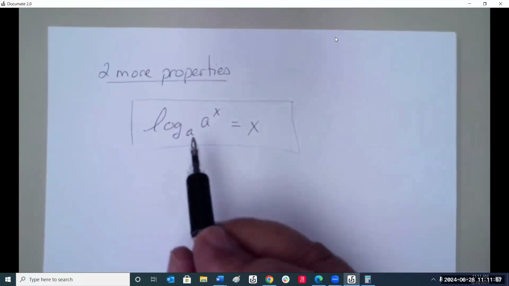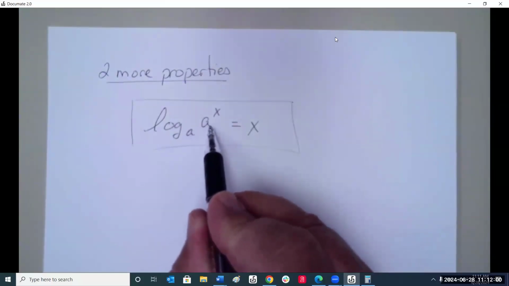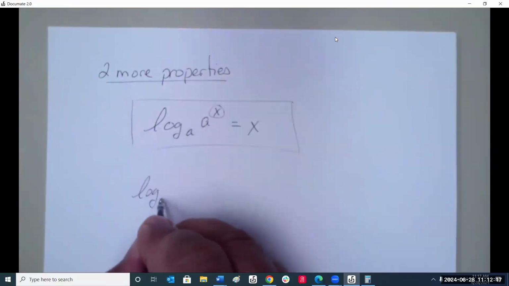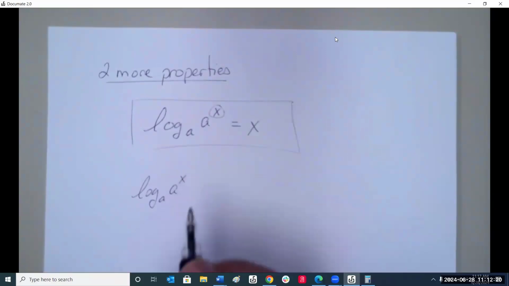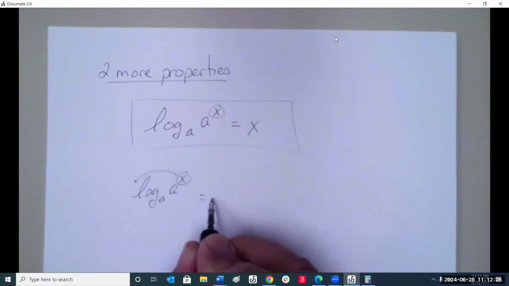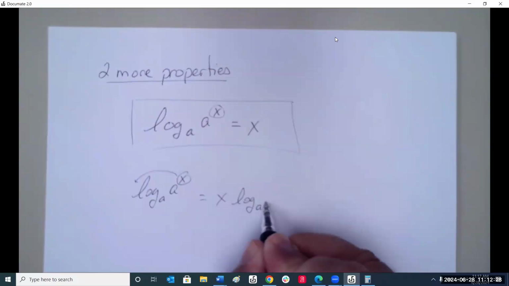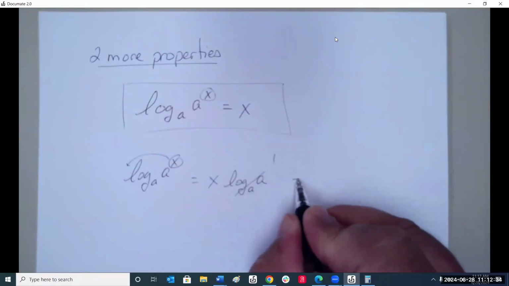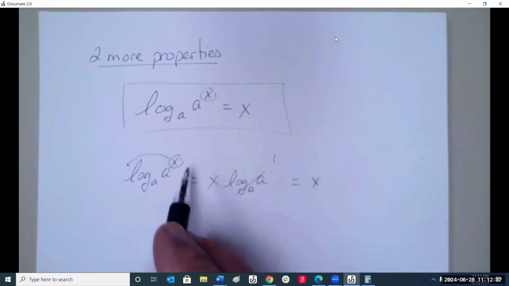What this property says, if the bases are the same, then your answer is your exponent. Actually, we did talk about this one, but it puts two of them together. Because if you had log base A of A to the power X, the exponent comes out in front. Log base A of A is 1, so this whole thing equals X, which is what that says.